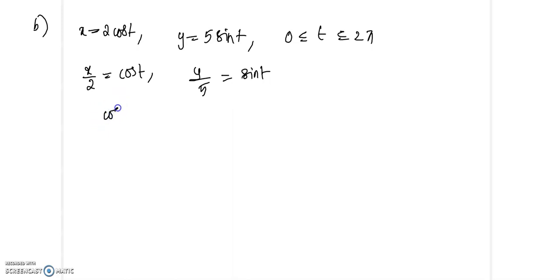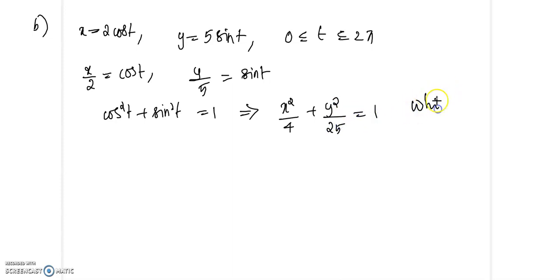So we have cos square t plus sin square t equal to 1. That will give x square by 4 plus y square by 25 equal to 1. So this is an ellipse. The given parametric representation denotes an ellipse.